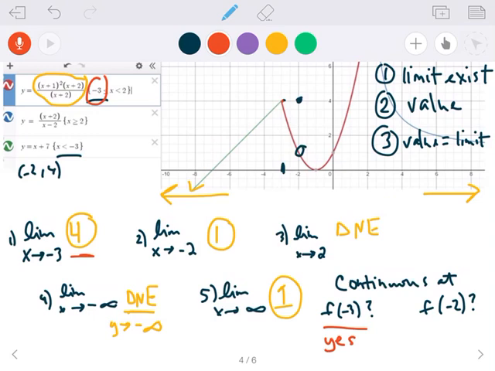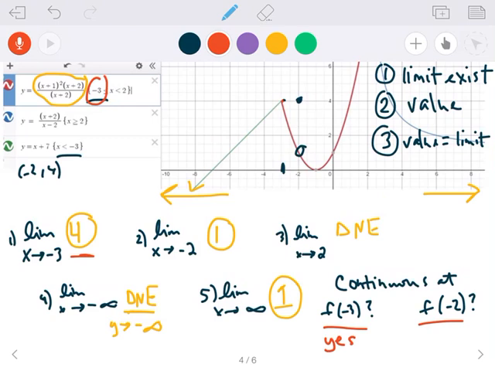Let's talk about the point f of negative 2. So if we go through those same 3 criteria, well, first of all, let's just think about the pencil test. If there's a hole there or it jumps up to this point, we know from the pencil test it's not continuous. However, in this chapter, we need to use the formal definition of continuity to explain that.